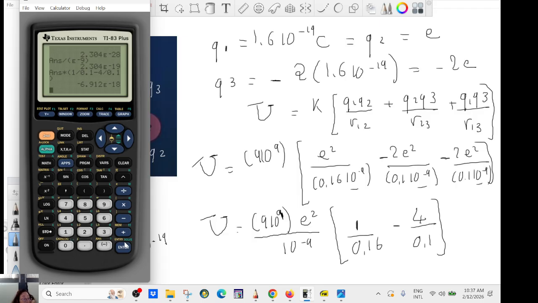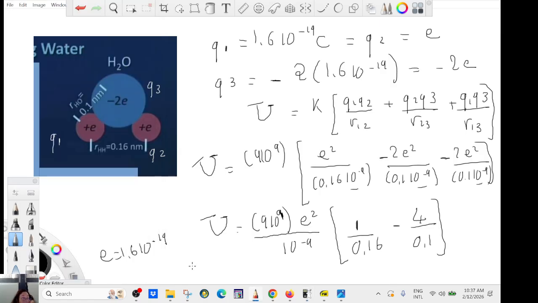I'm not sure. Did you get that? Because I'm not sure, right? Before I found minus 8 times 10 to the negative 18. So negative what? 7.8?